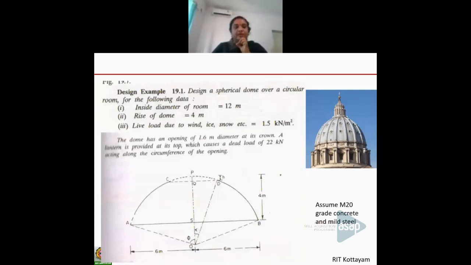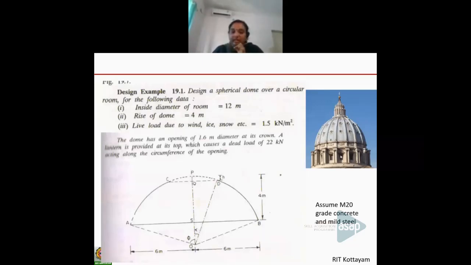A lantern is provided at its top, which causes a dead load of 22 kilonewton acting along the circumference of the opening. In the question, the material data was not given, so I assume a grade of concrete as M20 and the steel as mild steel. Either you should assume that or it should be given in the question, right?